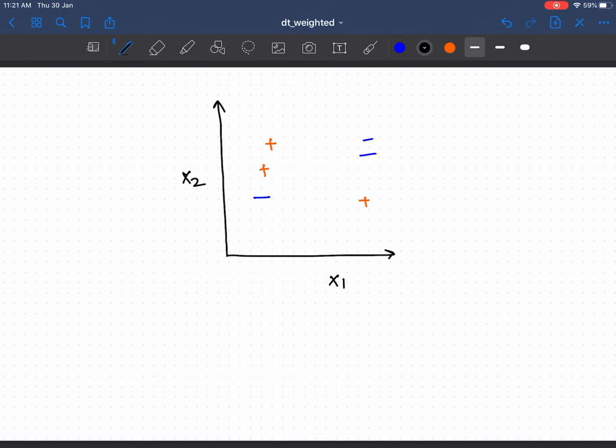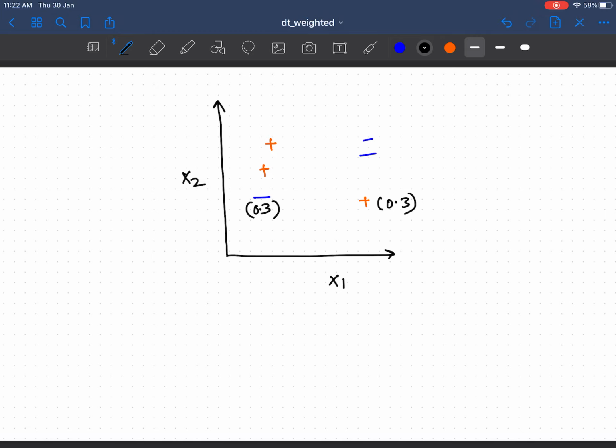Let's consider that in total we have 6 samples. Let's assume that we want the sum of the weights of individual samples to equal 1. So we could assign a weight of 0.3, 0.3 to these 2 points, which I've done intentionally because they seem to be wrongly classified.